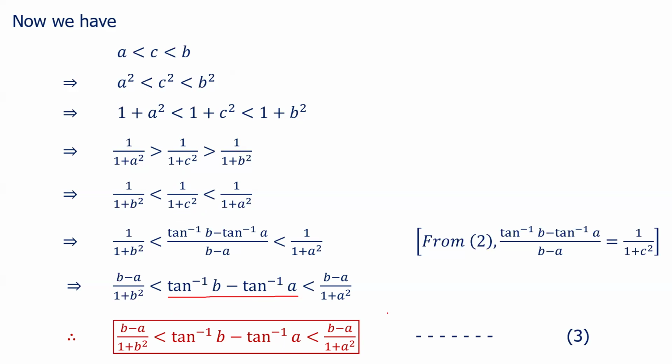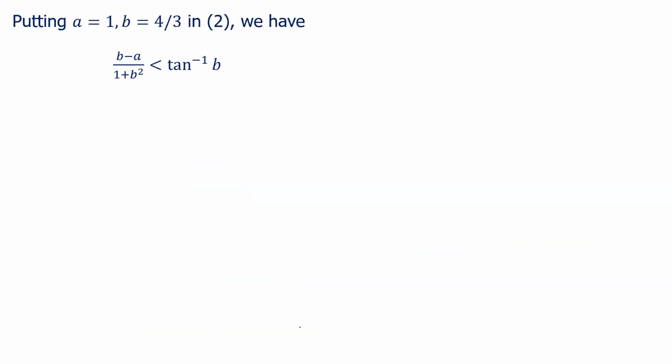Now, using this fundamental result, we have to prove another thing, which is also obtained by putting some value of B and A in this particular formula. Putting A equal to 1 and B equal to 4 by 3, we have B minus A upon 1 plus B square, which is less than tan inverse of B minus tan inverse of A, which is also less than B minus A upon 1 plus A square.